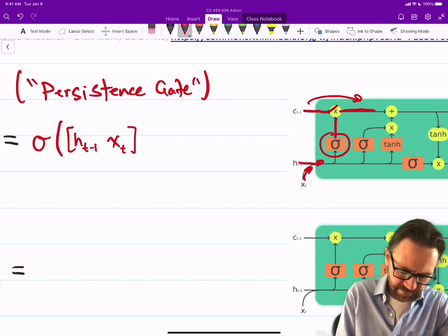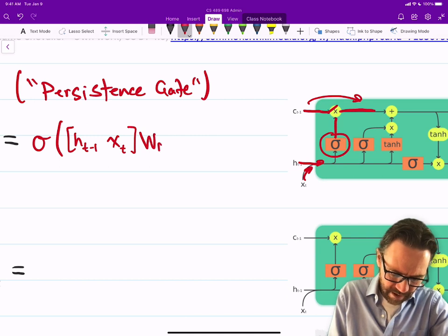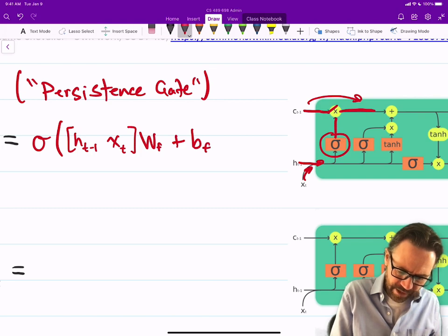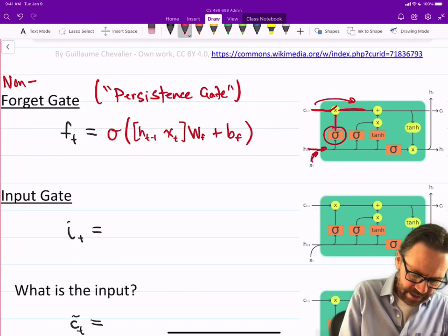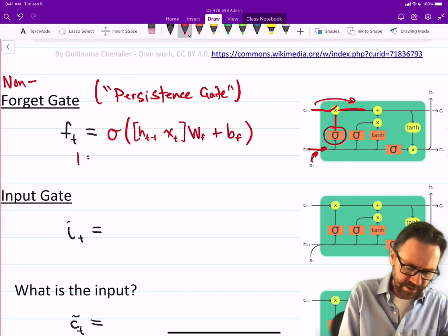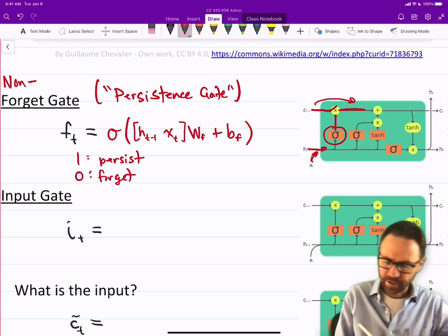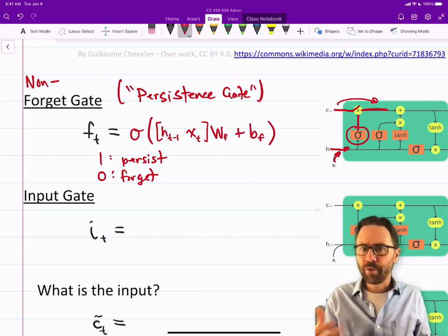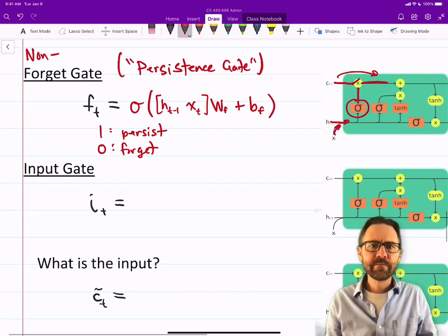I'm using subscripts now for steps in time, times W f, the connection weight matrix, plus the bias for the forget gate. Okay, so if this gate equals 1, that means persist. If it equals 0, forget. And you can see why, you'll see where that comes into context later on. Will you?